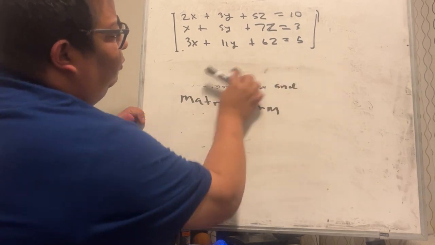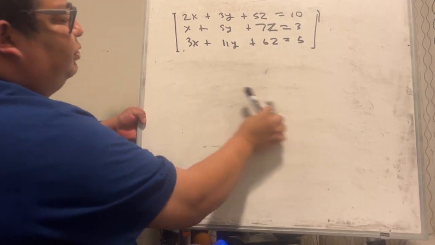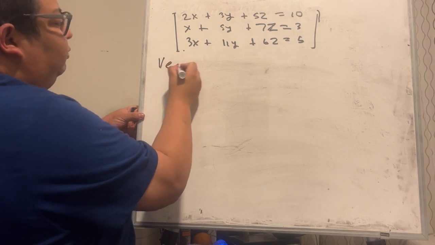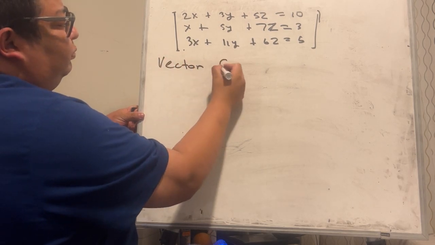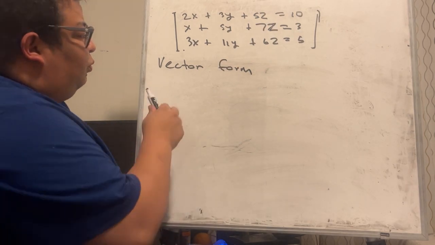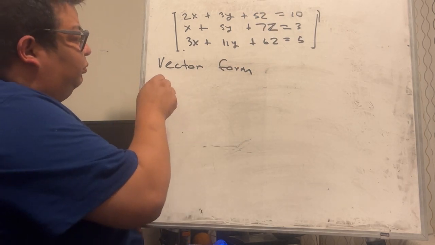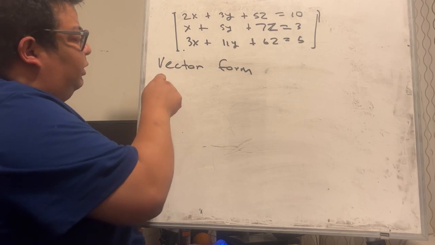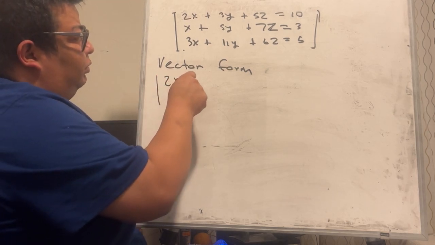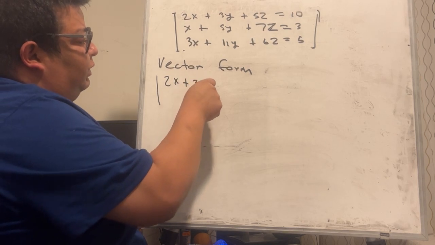There are three ways you can write a system of linear equations in vector form. So one way to write it is as follows. You go like this. You write your coefficient as follows.